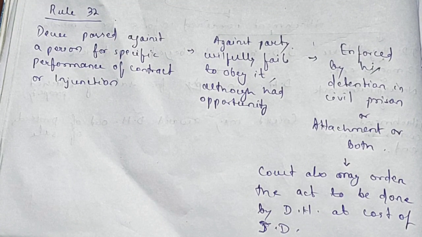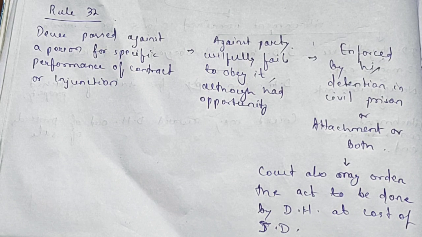If the decree is passed against a person for specific performance of contract or injunction, and the party against whom it has been passed willfully fails to obey it, although he had an opportunity to obey it, then the decree may be enforced by his detention in civil prison or attachment or both. Further, the court also may order the act to be done by the decree holder at the cost of the judgment debtor.